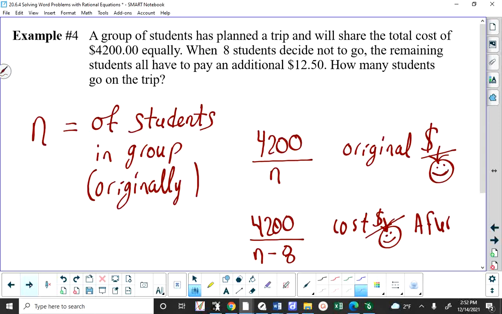I don't know if you can tell, but the people are slightly less happy now because they have to pay more, but they're still happy because they get to go to the museum. Which of those is bigger? Second one, right? And if we take the second one minus the first one, we get the difference of $1,250. And there's your equation.